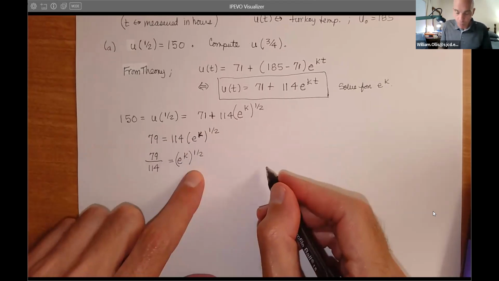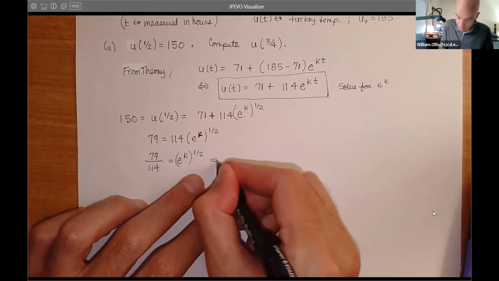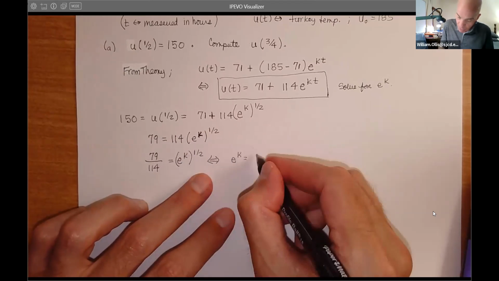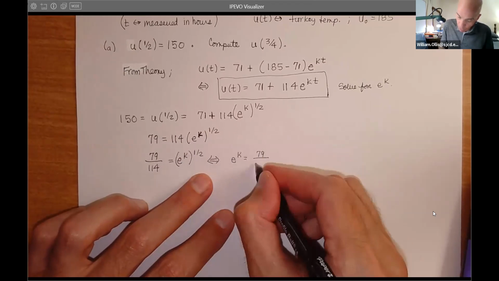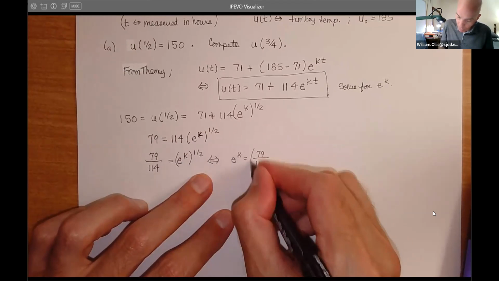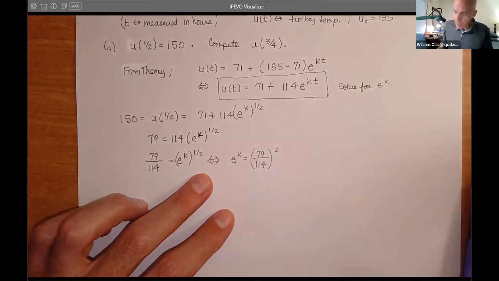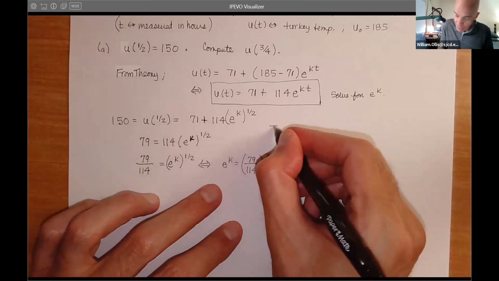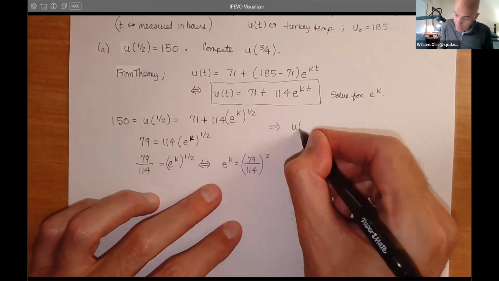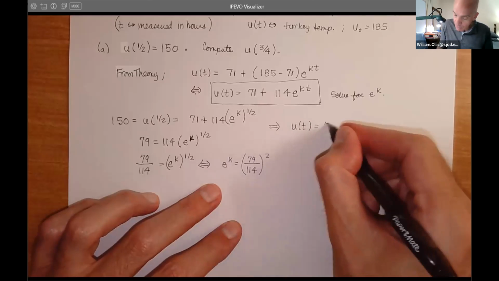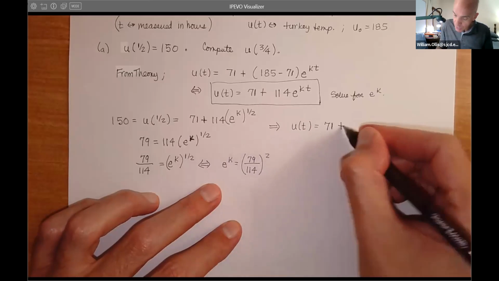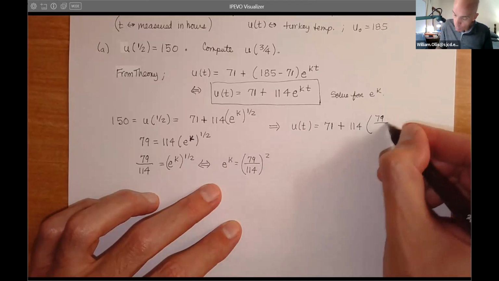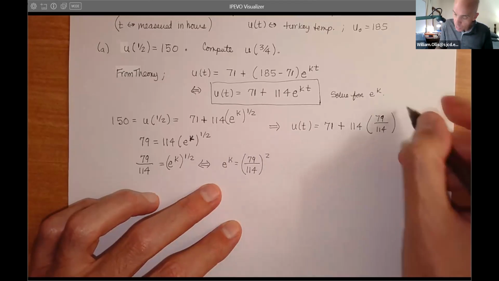So now we can just square both sides. So we have e to the k equals 79 over 114, quantity squared. And we won't do anything to that, just leave it alone so we can keep the powers nice and clean. So now this implies that u of t will be 71 plus 114 times 79 over 114 to the 2t.